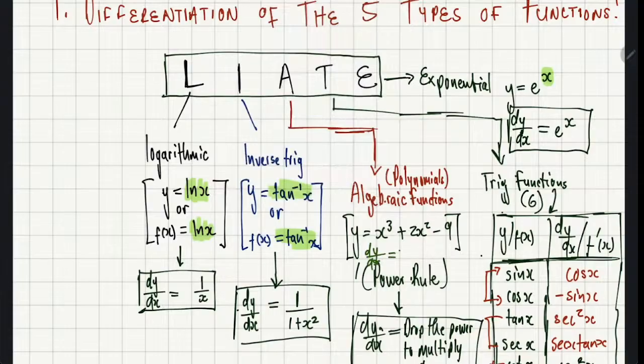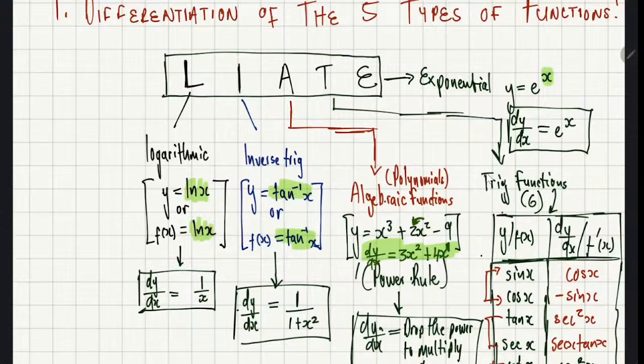Plus, here you drop down the power again on 2. This 2 multiplies this 2, it becomes 4, x to the 1, which is just 4x. Then the derivative of 9 becomes nothing. There's no power to drop down. So this is the power rule. Drop the power, reduce it by 1. We'll do more examples, but everybody should know polynomials.